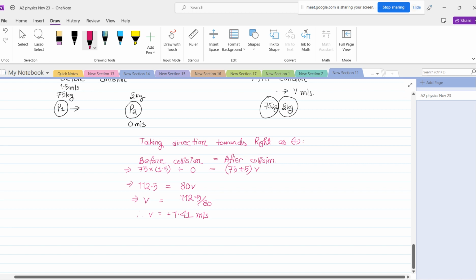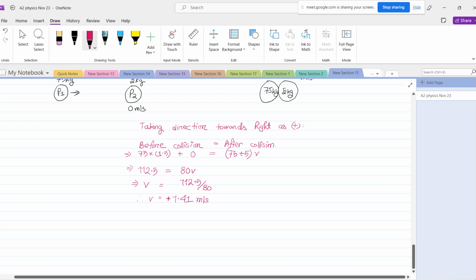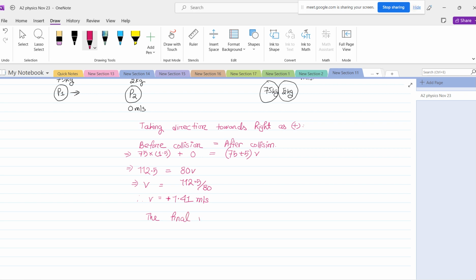As we can see, the value is positive, so the assumption was correct. After collision, the two particles combined together and started moving towards the right. So our final answer should be written as: the final velocity is 1.41 meters per second towards the right.